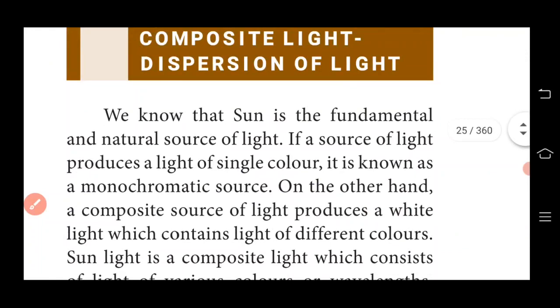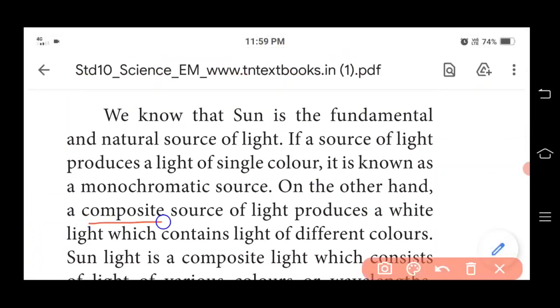On the other hand, a composite source of light produces a white light which contains light of different colors. So here is the definition for composite light. A composite source of light produces a white light which contains light of different colors. So it is known as composite source or composite light.